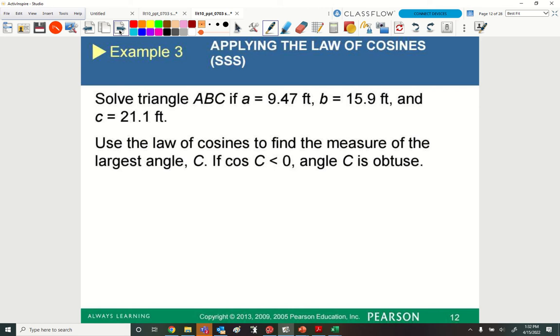Now, on example 3, does this one give me a triangle here? No. If it doesn't give me a triangle, what's the first thing I should do to solve for this? Draw a triangle. So let's go through and do that. I'm going to draw a triangle and fill in my values.